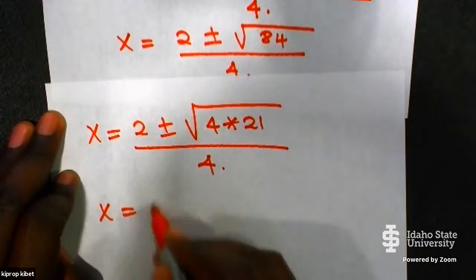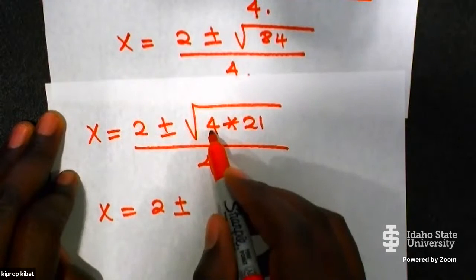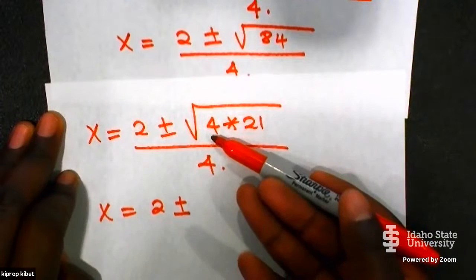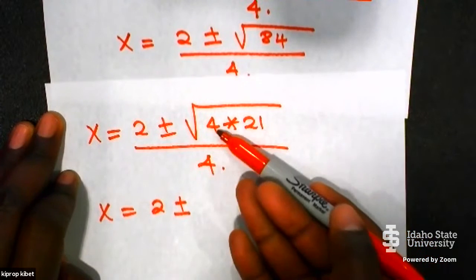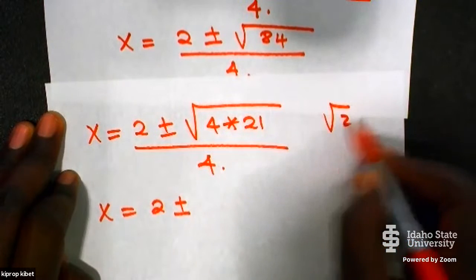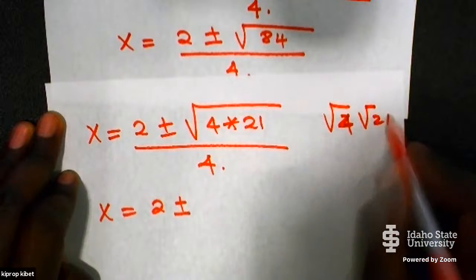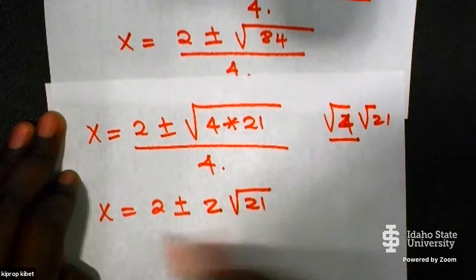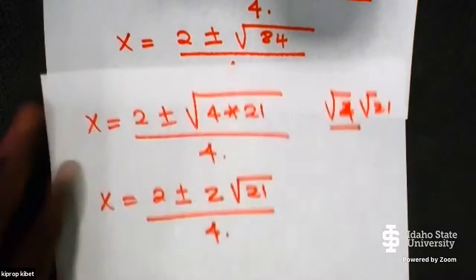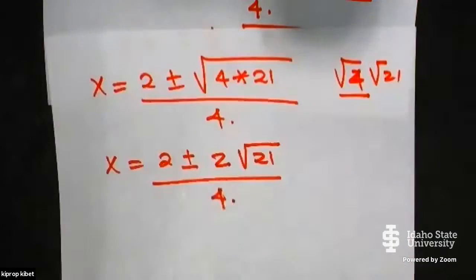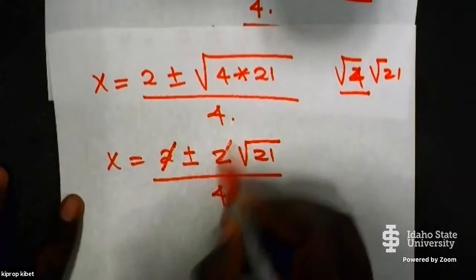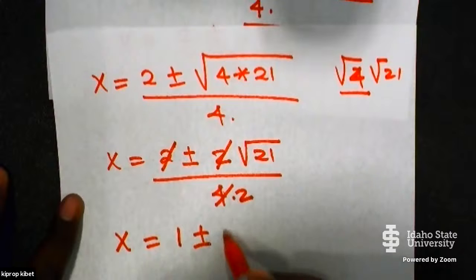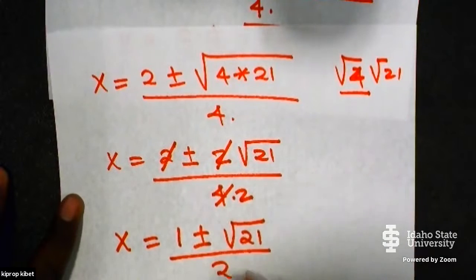You remember the product of the roots, so you can get the square root of 4 and the square root of 21. The square root of 4 is 2, and then the square root of 21, all over 4. Then finally, when you divide by 2, x equals 1 plus or minus the square root of 21, all over 2.